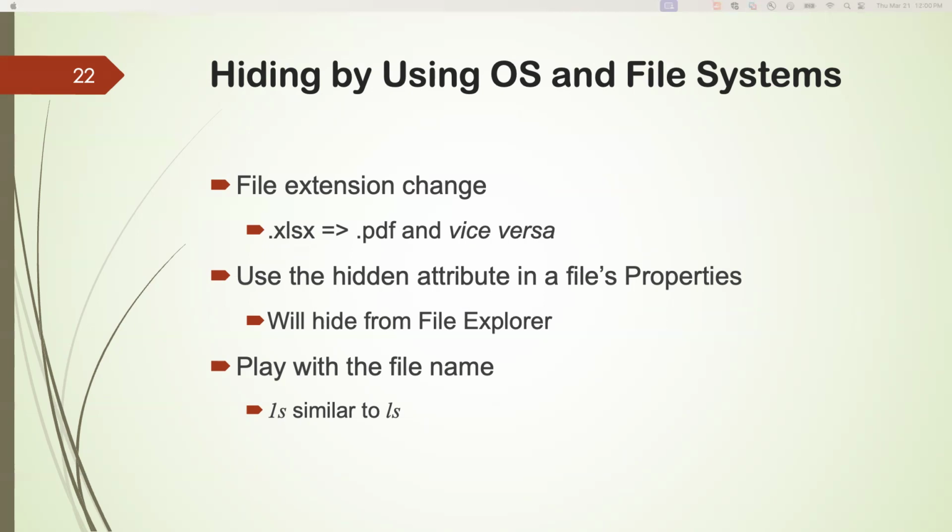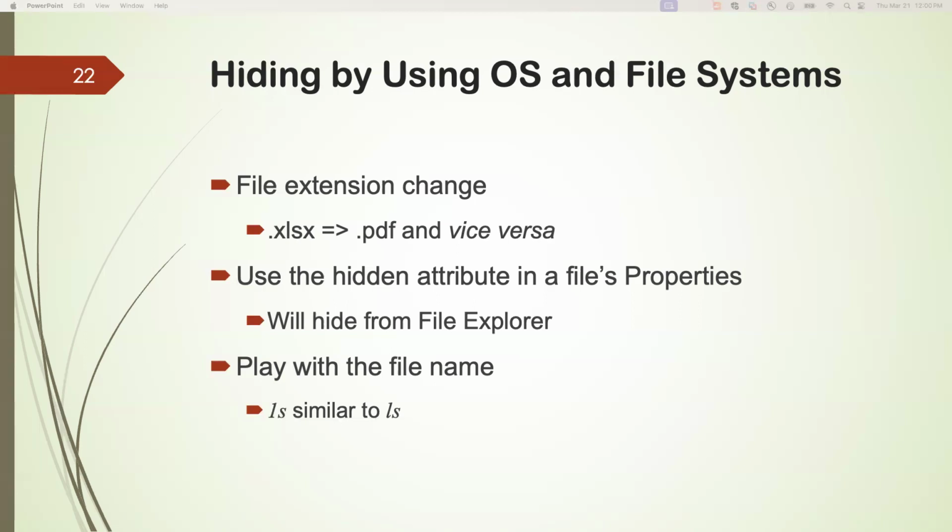Another thing is manipulating or changing the name of the file as well. There are some letters in the file name that you can change. For example, if you change 1 with L or L with 1 in the file name, from the naked eye, or if you are not looking carefully, those will still look the same.